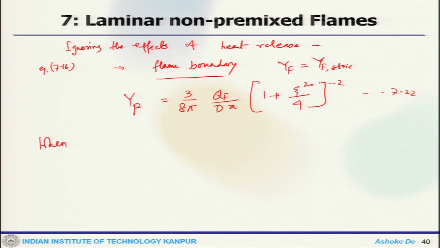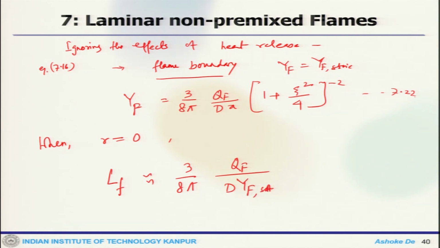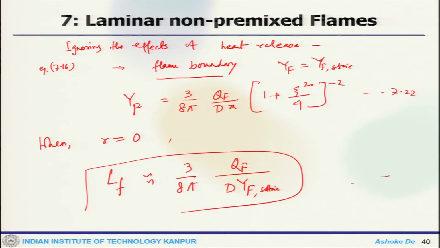Now, when r equals 0, we get the flame length, and that is LF equals 3 by 8 pi, times the volumetric flow rate, divided by D YF stoichiometric. So, that is what you get by ignoring the effect of the heat release.